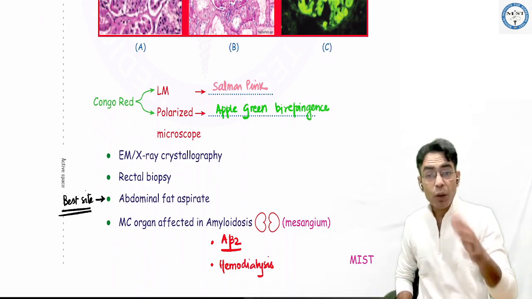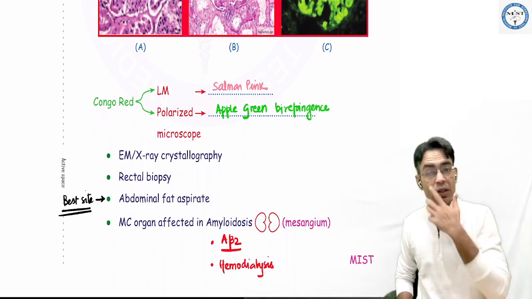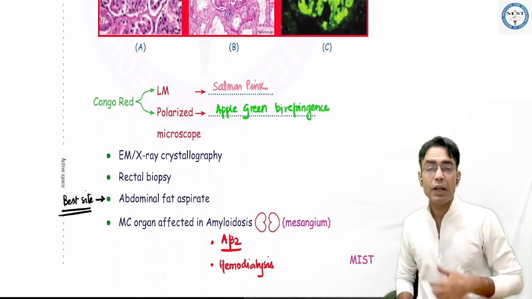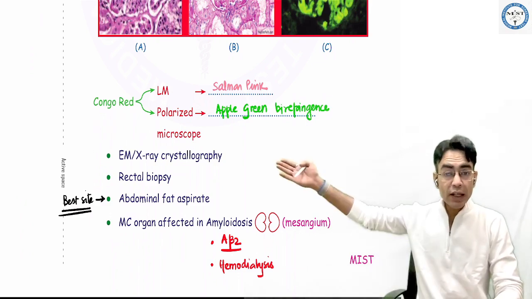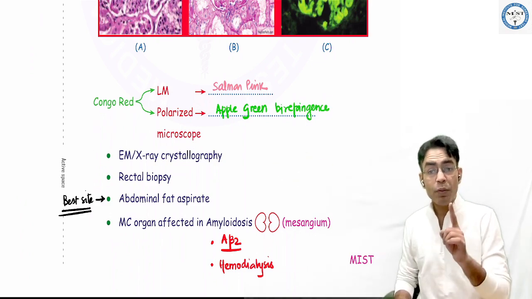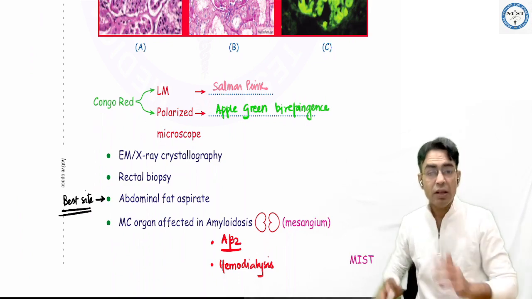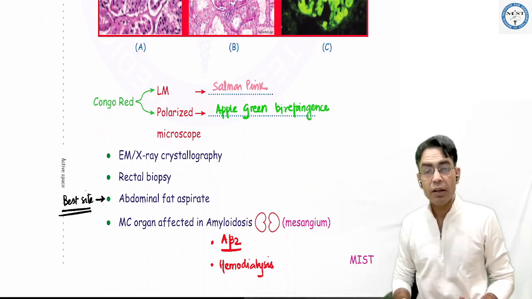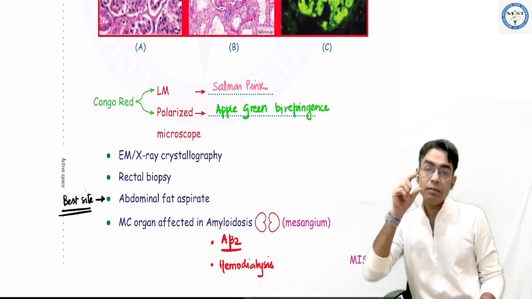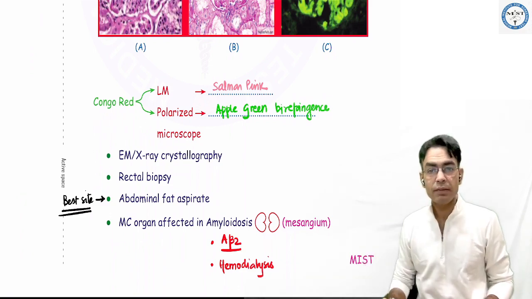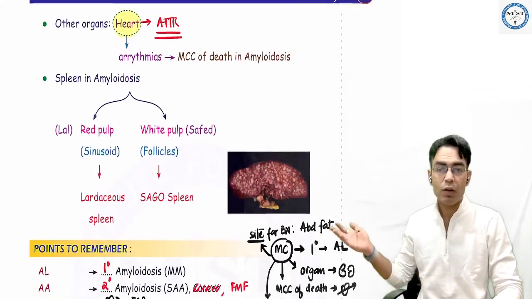For biopsy with amyloid deposition, the most common site is abdominal fat aspirate, but the second best site is rectal biopsy. Electron microscopy will give you a diameter of 7.5 to 10 nanometers and fibril structure. X-ray crystallography will give you the beta pleated sheet appearance. That's it for amyloidosis.